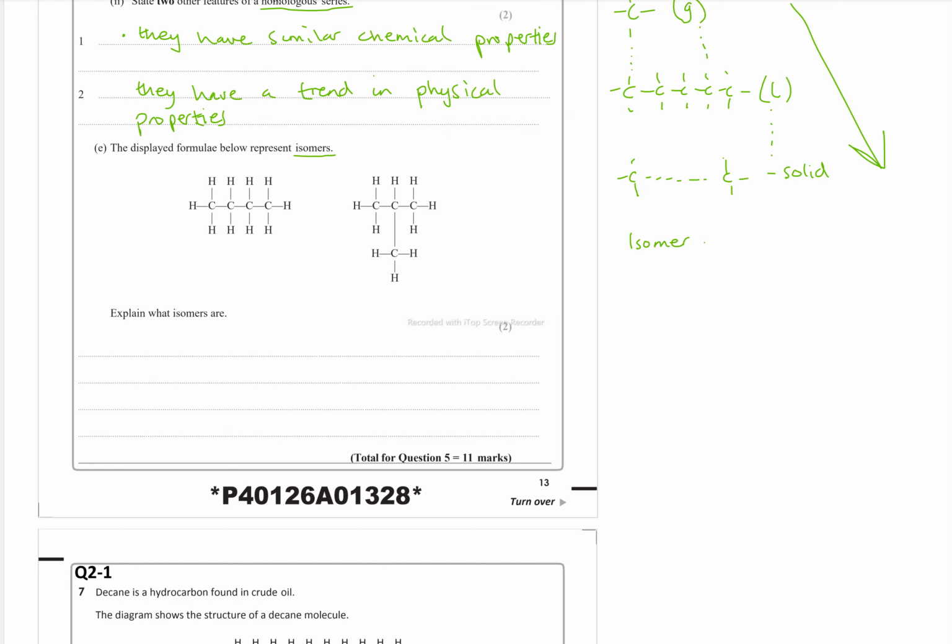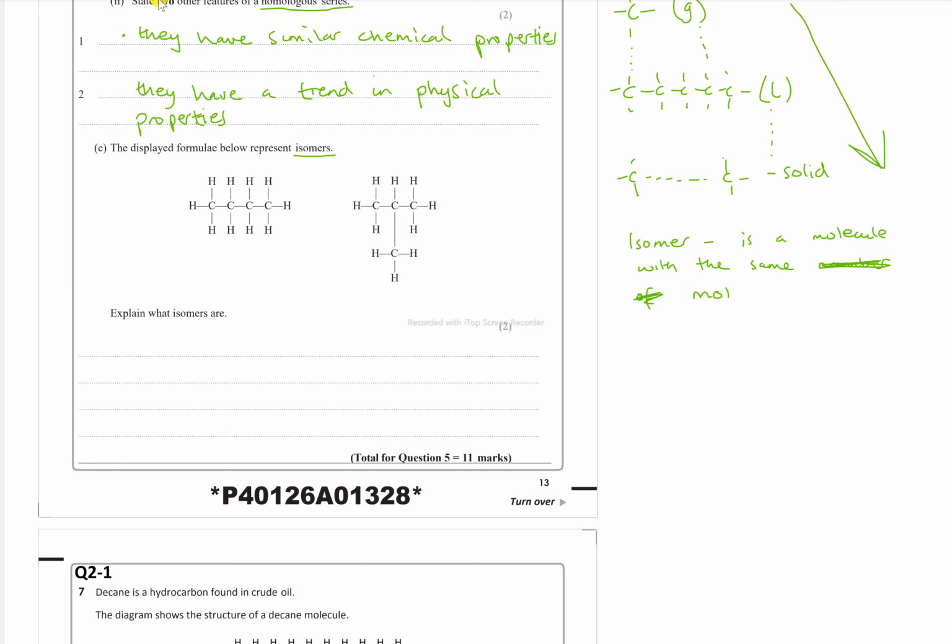Isomer is a molecule with the same number of... no, I'll take that back. With the same... no, we can't do that.